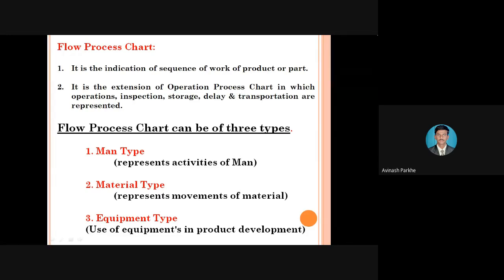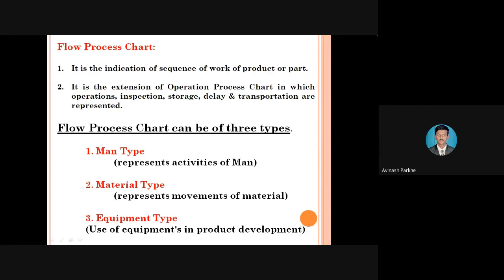That operation process chart is also called an outline process chart. We also discussed one example in the previous section, that is the assembly of the axle and the nut. During the manufacturing, how to manufacture that particular nut, how to manufacture that particular axle, and during or after the manufacturing, how much inspection will be taking place.